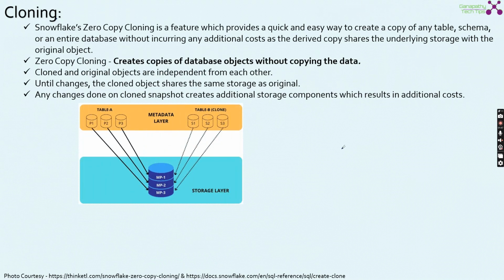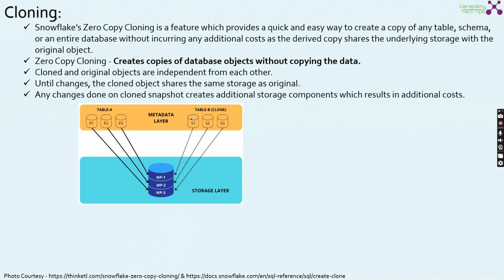Now let us try to understand this via this good diagram from thinketl.com. So now say table A is there, and table A has the data. As you all know, the data in Snowflake is stored in the form of micro partitions. So here P1, P2, P3 are the three partitions of table A, stored in micro partition 1, micro partition 2 and micro partition 3 in the storage layer.